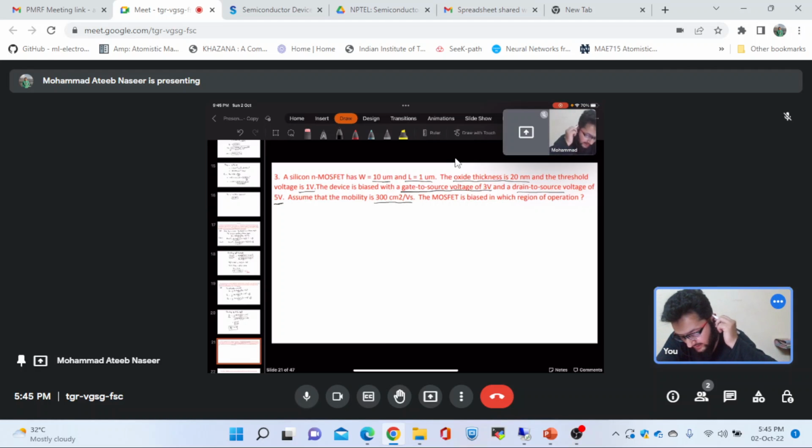For that, we will first write down the variables that we require. VGS is given to be equal to 3 volt. VTH, the threshold voltage, is given to be equal to 1 volt. VDS is equal to 5 volts. Now, if I calculate VGS minus VTH, it is simply 3 minus 1, which is 2 volts.